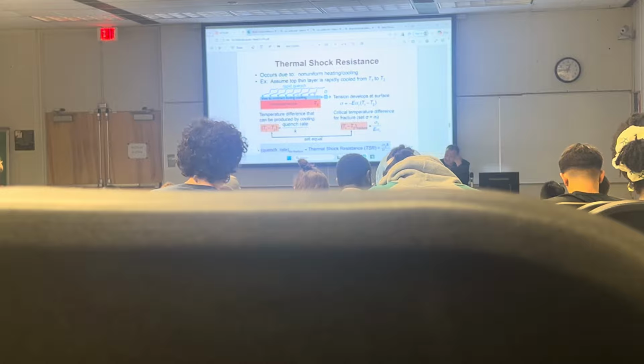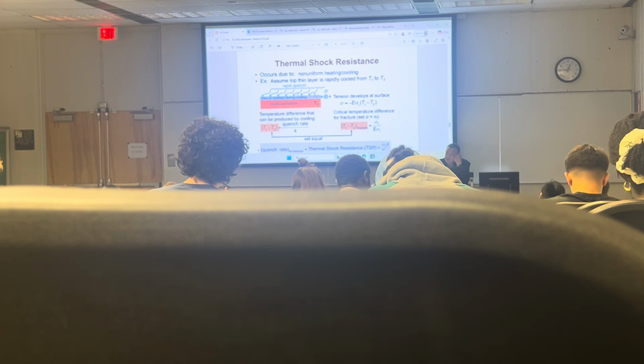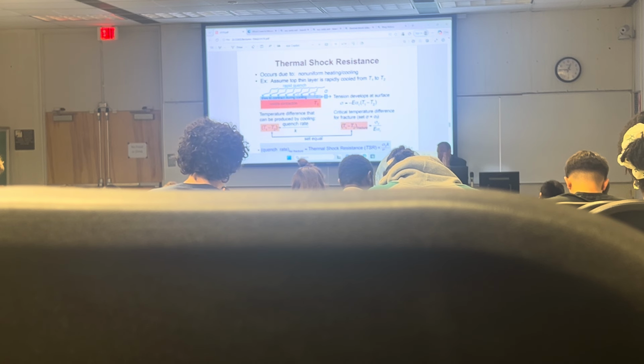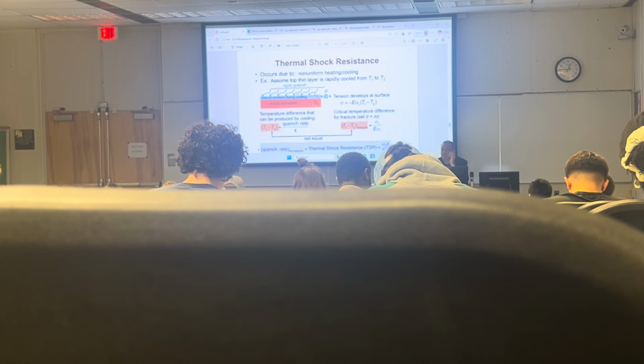So let's consider what's happening. The rod was heated up, and for a small diameter rod, you can assume that the temperature was constant throughout. Correct? Now what happens once it was inserted and placed in the ice cold water?